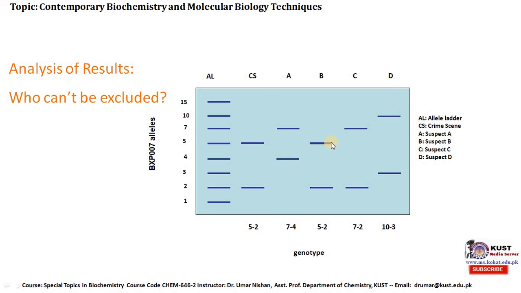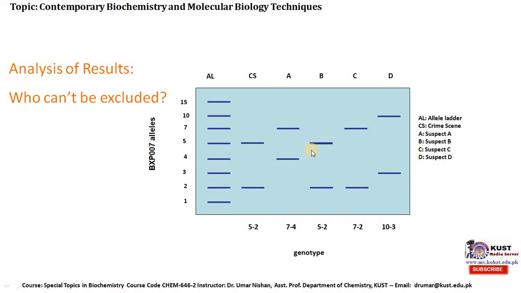So in this situation, suspect B cannot be excluded, as the sample that we collected from the crime scene and that of suspect B are matching with each other. Suspect B cannot be excluded while the others can be. So it shows that the culprit for this particular crime is suspect B.